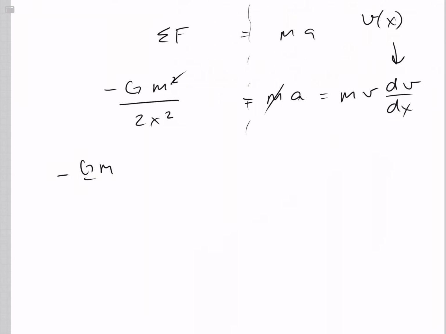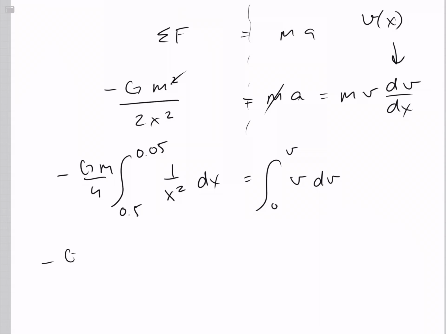We'll take out Gm over 4 and take it from 0.5 to 0.05 of 1 over x squared dx, equals 0 to the final velocity of v dv. I have 0 here because they told us that the balls are at rest in their initial position.